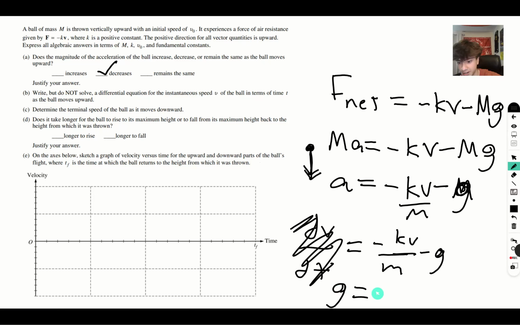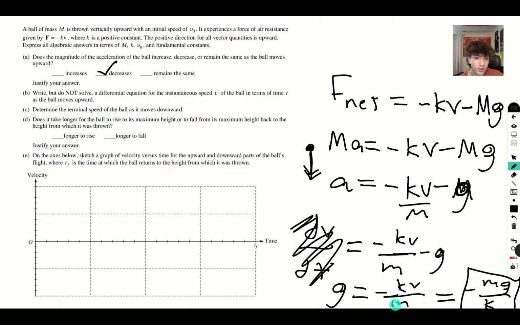G becomes negative kv over m. And the terminal speed is velocity, so we're going to get velocity by itself. It'll be negative mg over k. That is going to be the terminal velocity, negative mg over k.